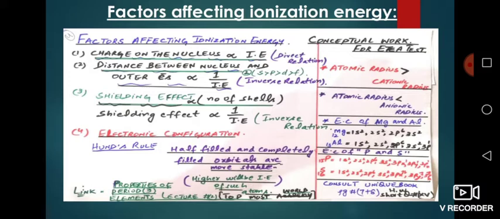Factor number 3, shielding effect. Shielding effect is also called screening effect. It has a direct relation with the number of shells between the nucleus and the outermost shell.